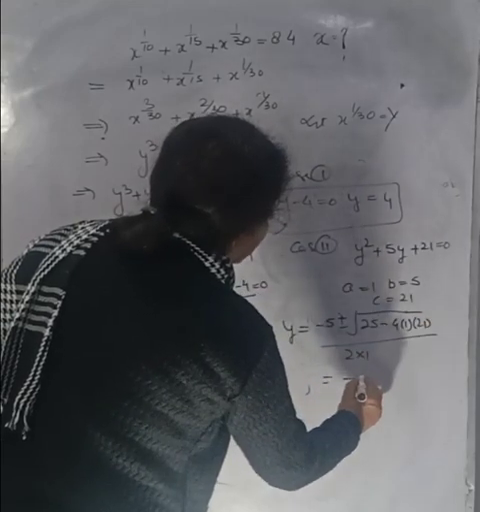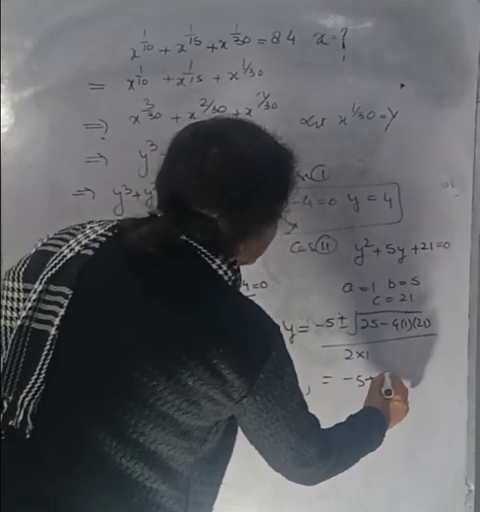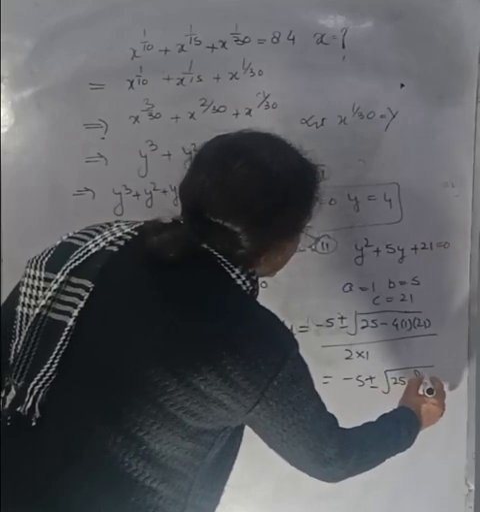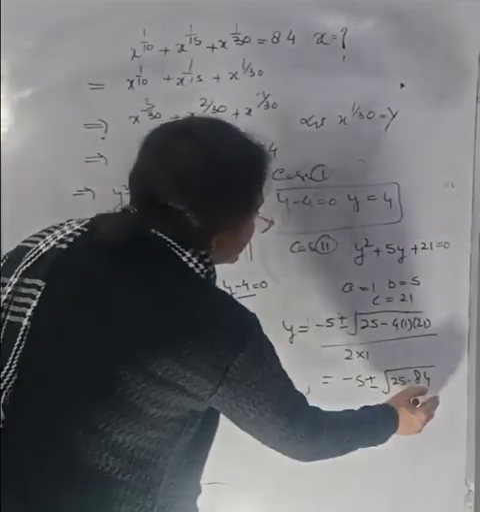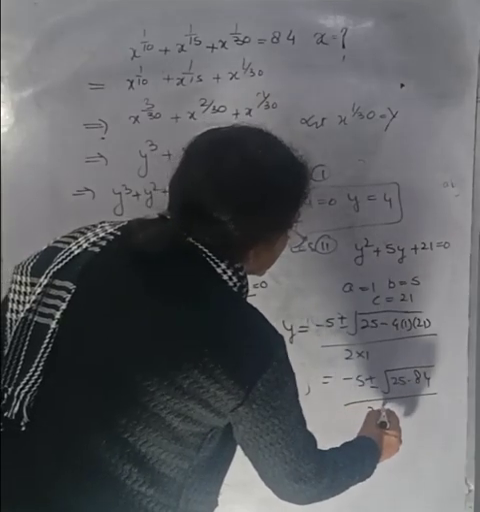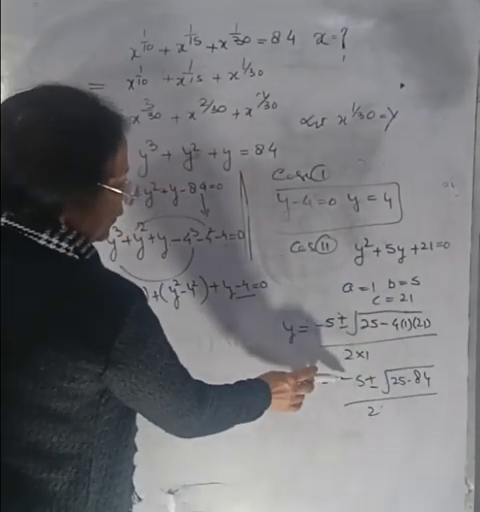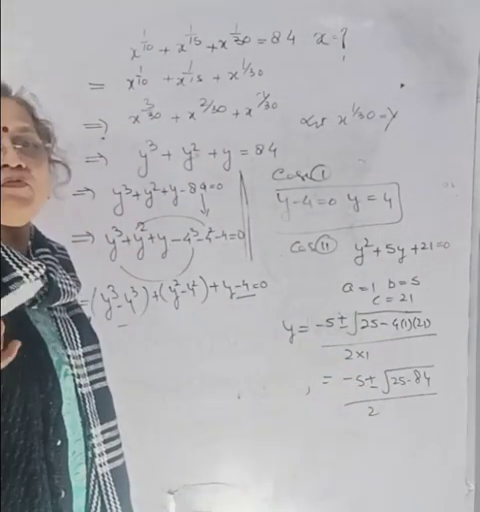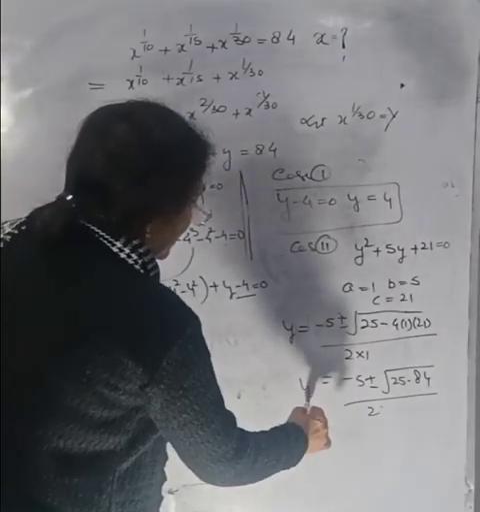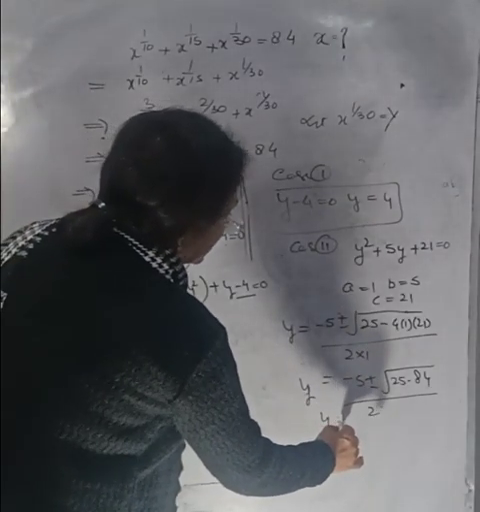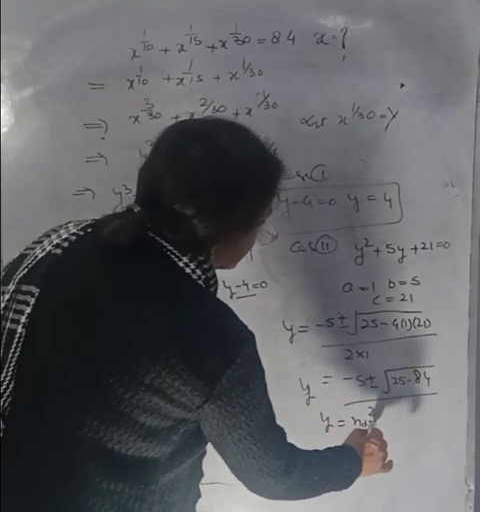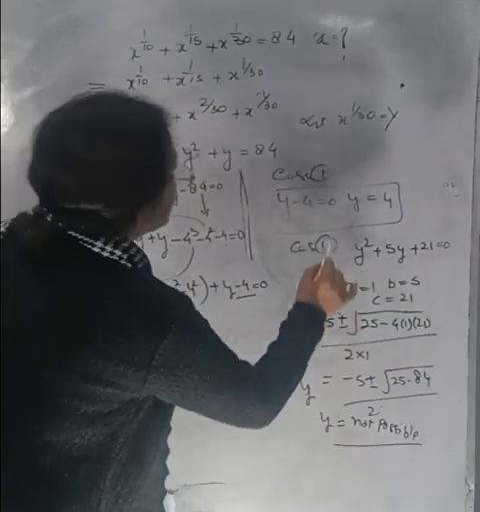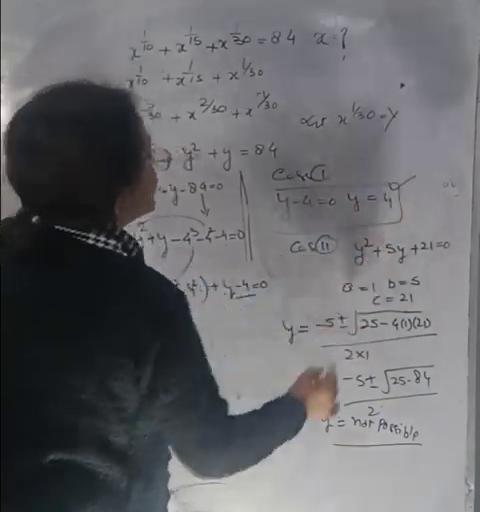That is equal to minus 5 plus or minus the root of 25 minus 84. The root of minus 59 is imaginary, so the imaginary value of y is not possible. So we will treat the value of y as equal to 4.